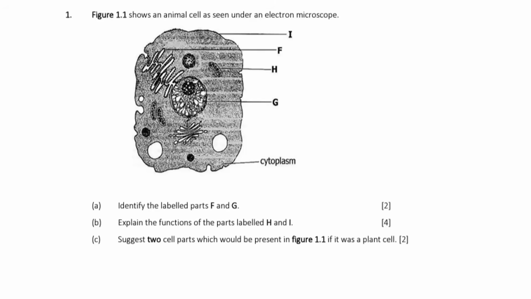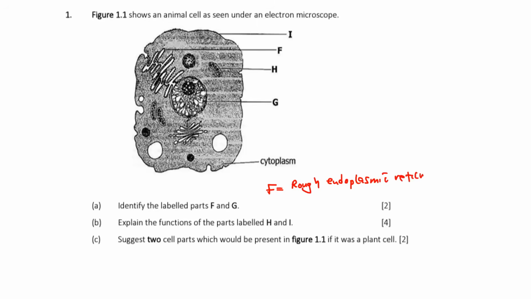All right, let us look at the questions. Identify the parts labeled F and G. So if I look at the part labeled F here, as you can see, this is called the rough endoplasmic reticulum.